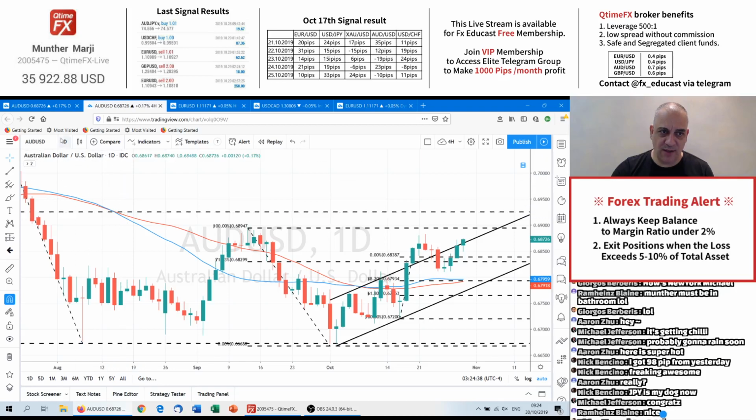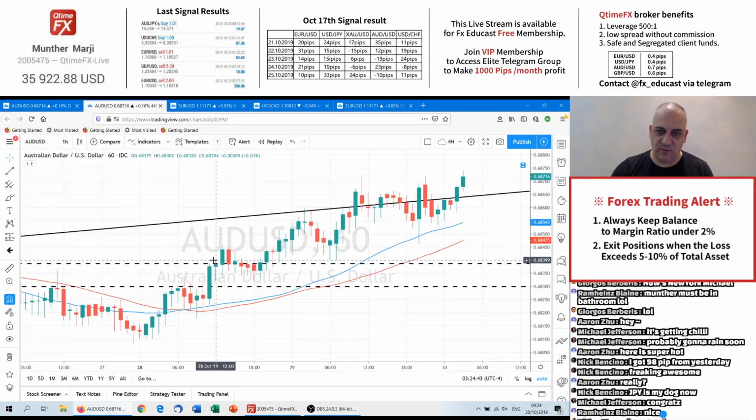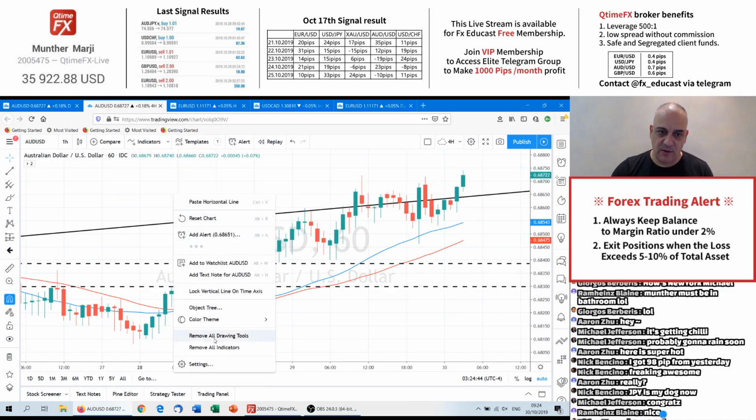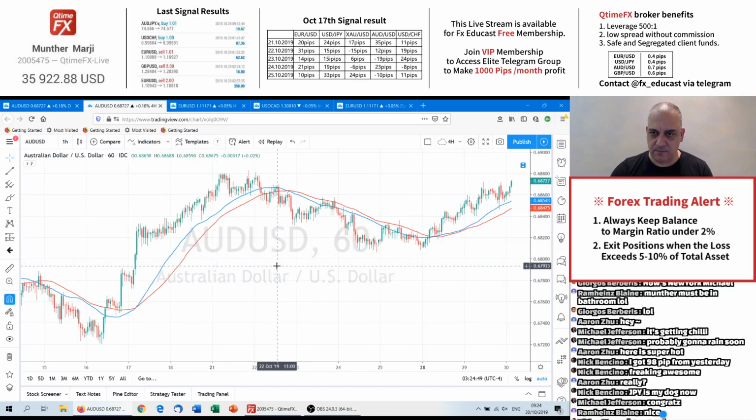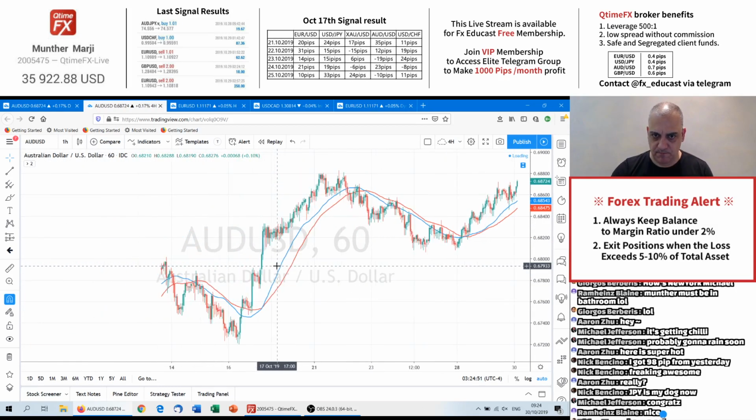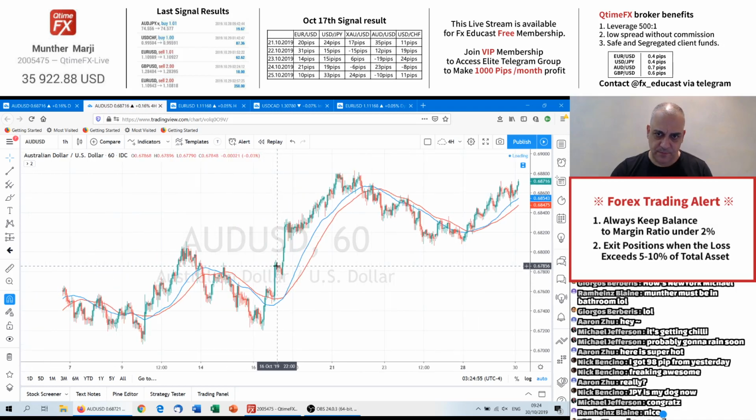But what if we got in and the market started moving against our expectations? Where should we place our stop? Let me see. For this, we're going down to the hourly chart.